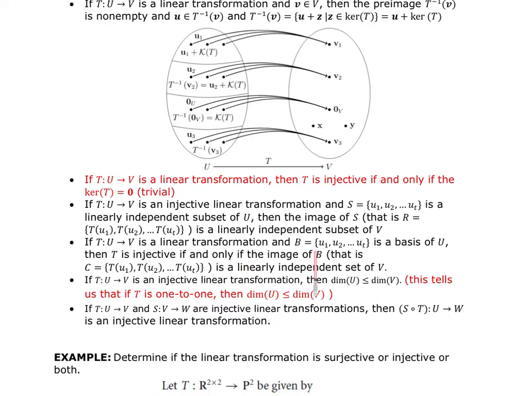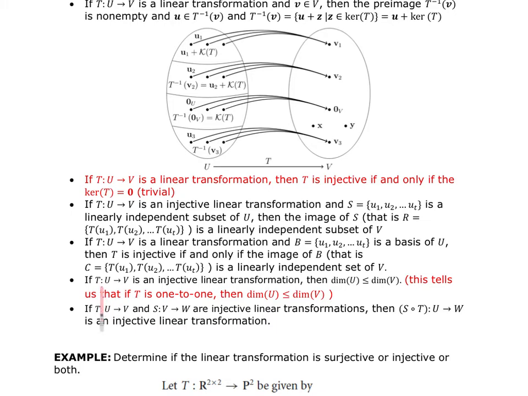We know B is a basis of U, so of course it is linearly independent and spans the set. So if B is my spanning set that's linearly independent and spans all of U, then T is injective if and only if the image of B, in other words my outputs, is linearly independent in V. So we can check for linear independence too, if we start out with a basis.